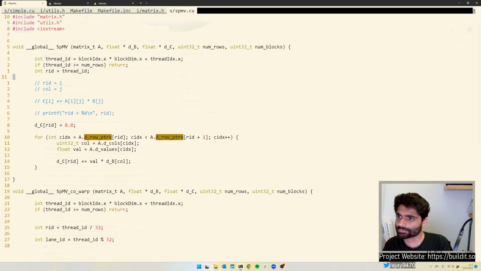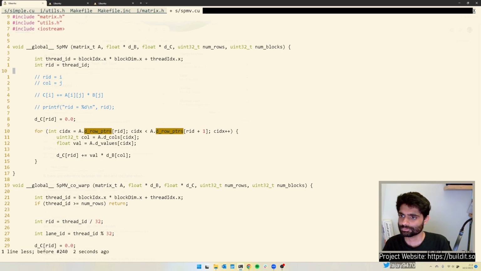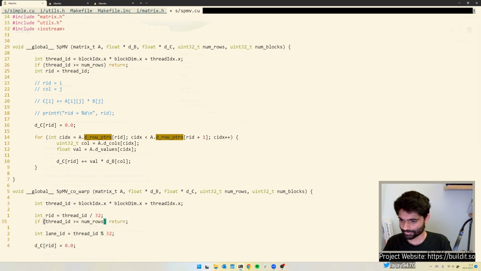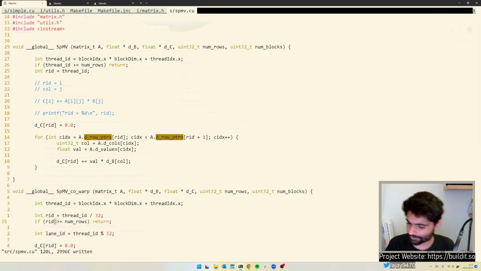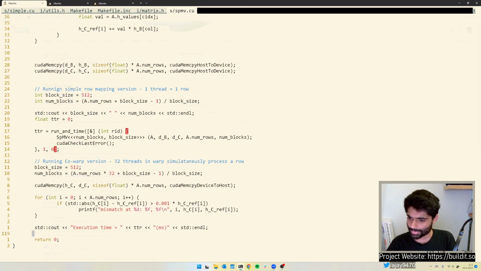This condition needs to be changed to be RID, not PID. So if the row ID is greater than the number of rows, then return. And this remains fine.